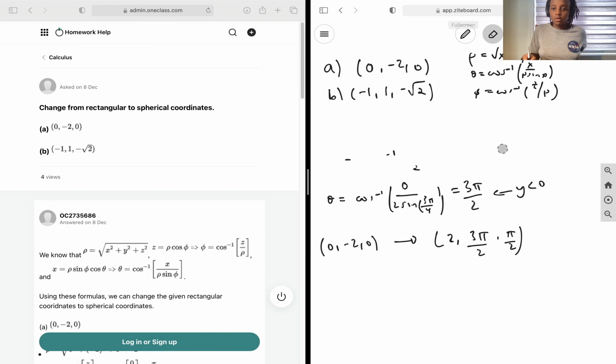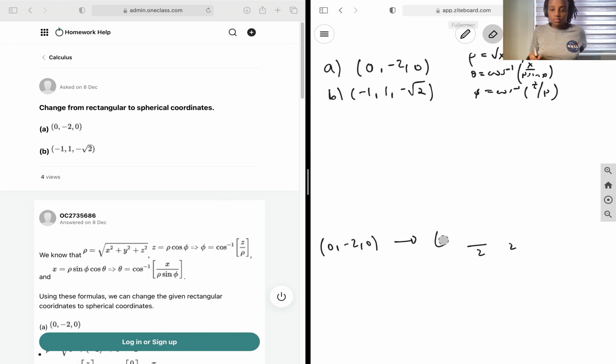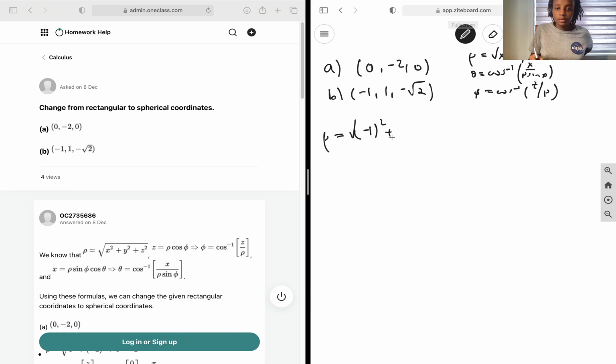It's the same calculations, just different numbers. So rho is equal to the root of negative 1 squared plus 1 squared plus negative root 2 squared.